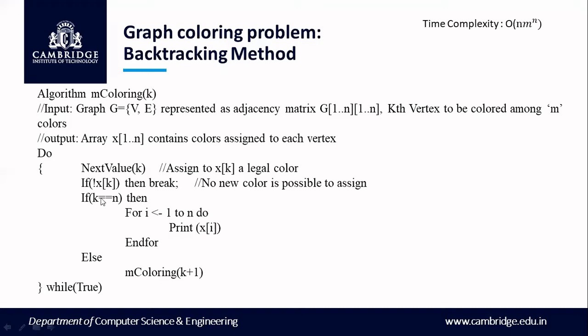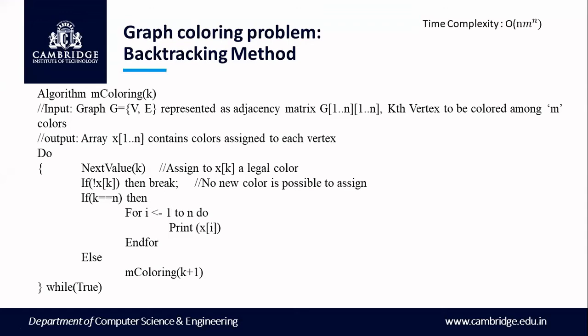So when we have colored all the n vertices, we display the color combination, that is, x of i. If k is not equal to n, that means there are still more vertices to be colored.